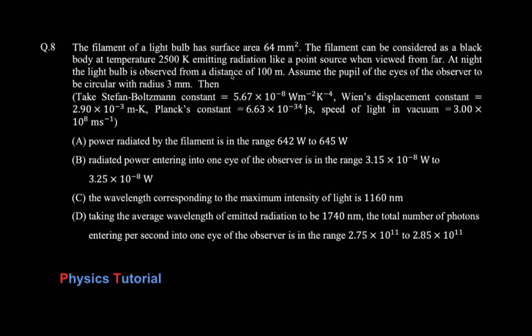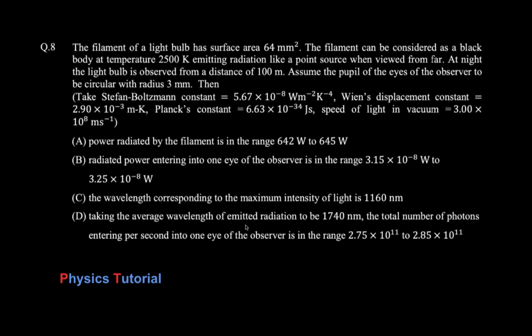Assume the pupil of the eyes of the observer to be circular with radius 3 millimeters. With the help of this area, you can use it over here in B option.